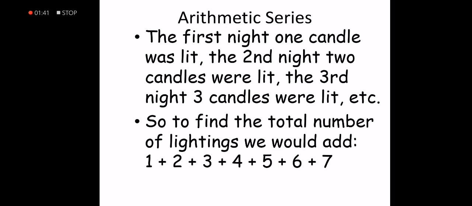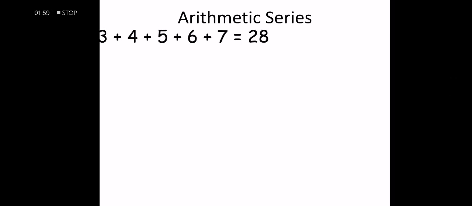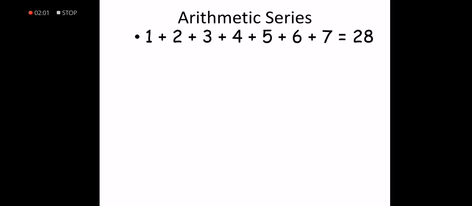Our task is to find kung ilang candle yung nasindihan sa buong isang linggo. Ang gagawin lang natin ay i-add lahat ng candles each night. Since we have 1 plus 2 plus 3 plus 4 plus 5 plus 6 plus 7, we have 28.